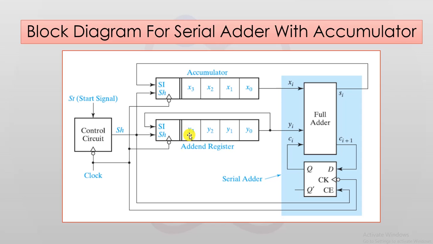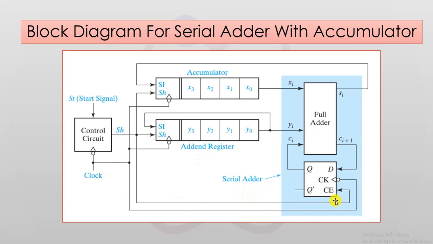Because the full adder is a combinational circuit, the sum and the carry appear at the full adder output after the propagation delay. When SH is equal to 1, the falling edge shifts the sum into the accumulator and stores the carry bit in the carry flip-flop and rotates the add-in register one place to the right. Because SH is connected to the CE on the flip-flop, the carry is only updated when shifting occurs.